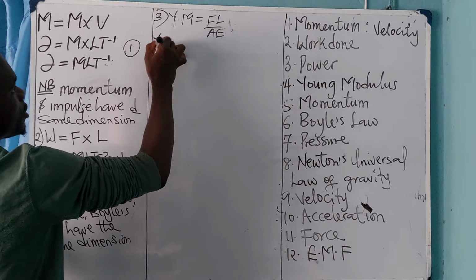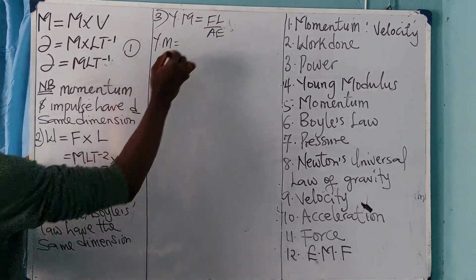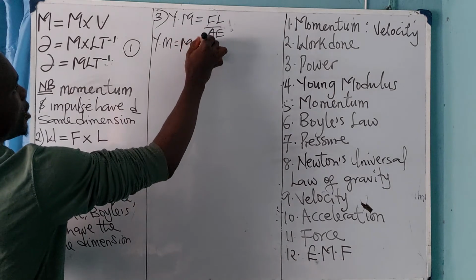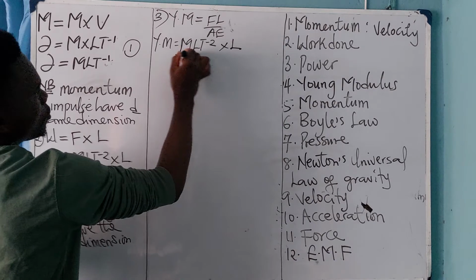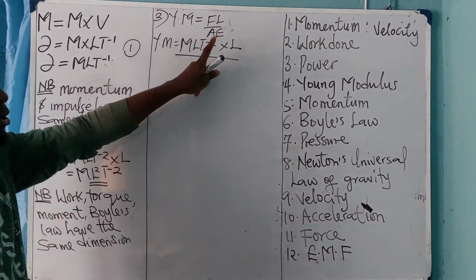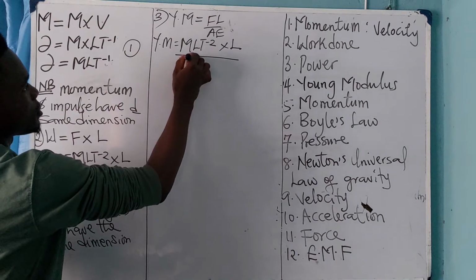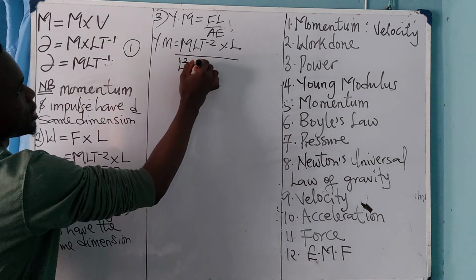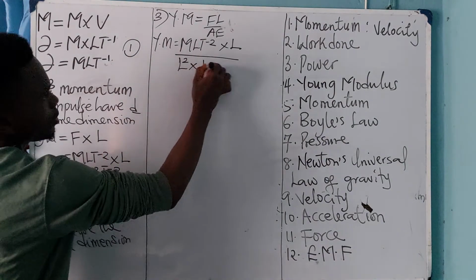You know that. Force is MLT minus 2, then times L over. Now area means length times length, so you now have length squared. Extension means distance, so length times L.